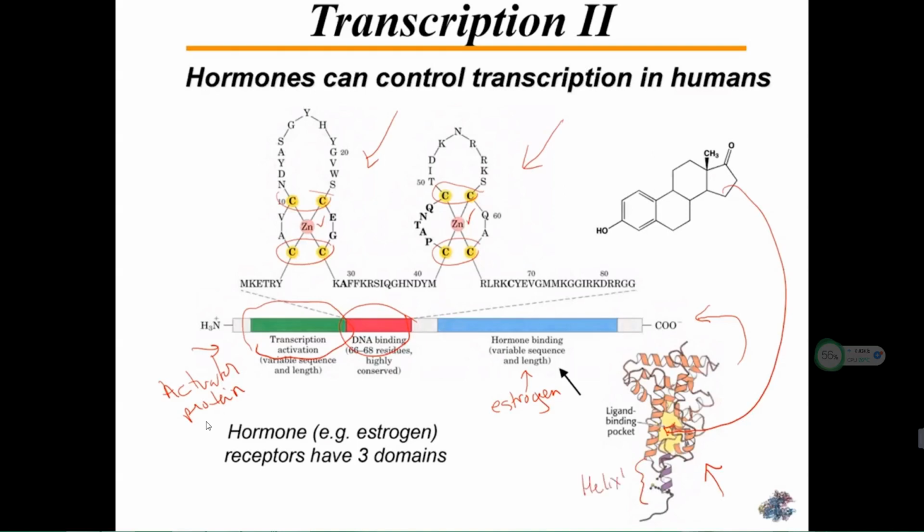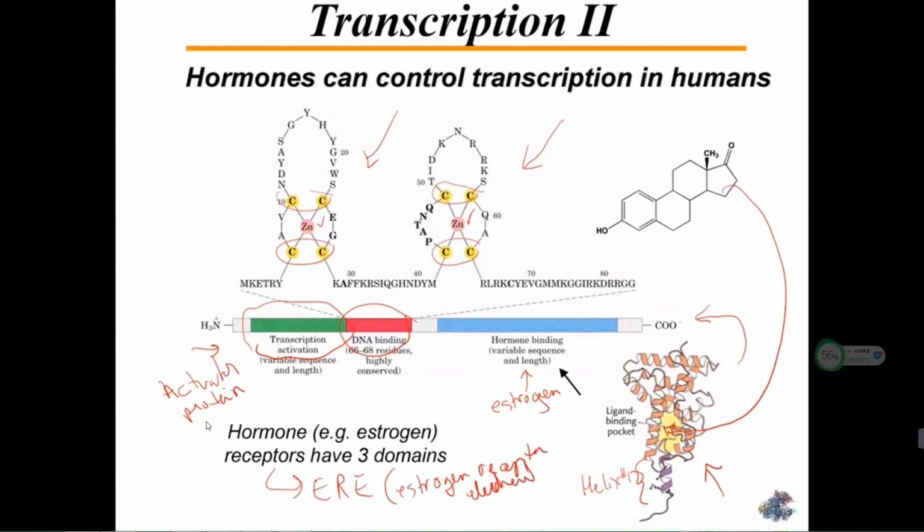These receptors will bind to DNA, and the DNA binding sequences are called estrogen receptor elements, so EREs. This is where this receptor will bind in the DNA sequence.